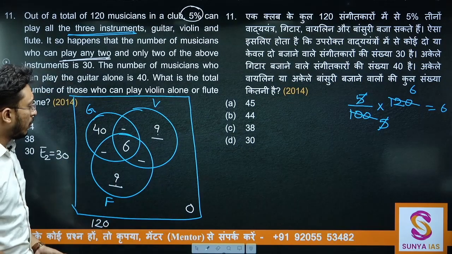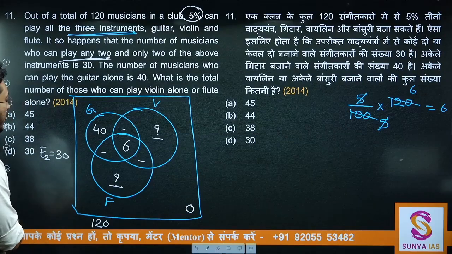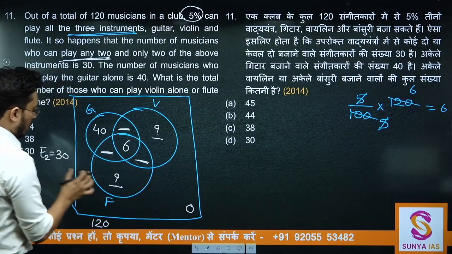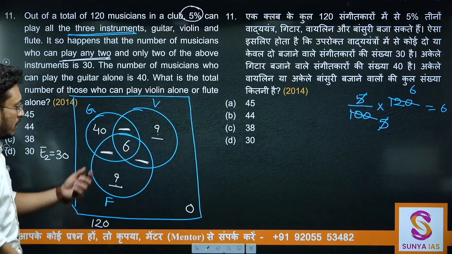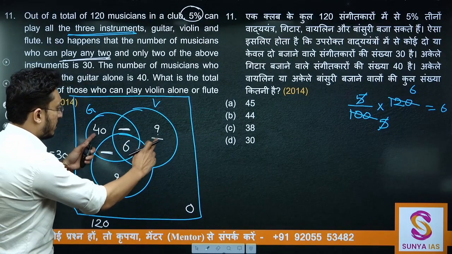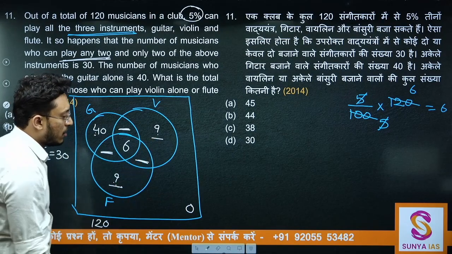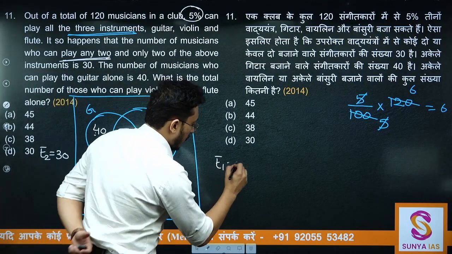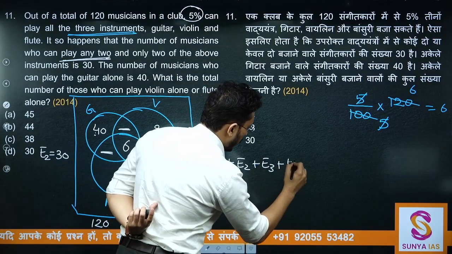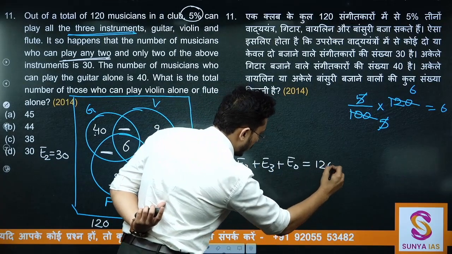If I combine these three data, this is E2, this is E3, this is E0, and this combined is E1. So can I say E1 plus E2 plus E3 plus E0 is equal to the total, that is 120.